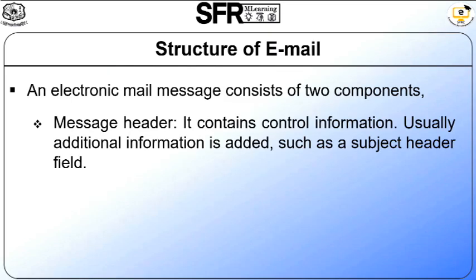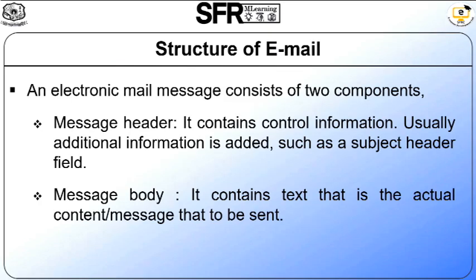Next, the structure of emails. The email message consists of two components: message header and message body. The message header contains control information including an originator's email address and one or more recipient addresses.